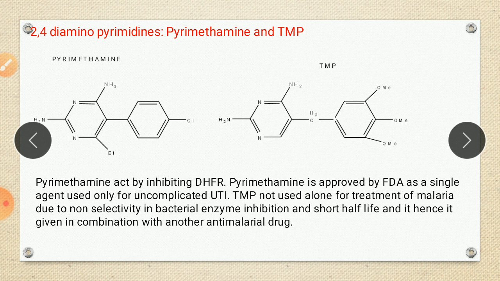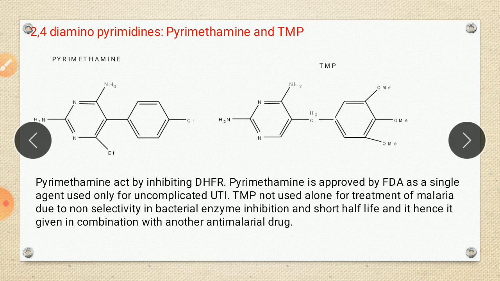Pyrimethamine inhibits malarial dihydrofolate reductase at a concentration lower than needed to inhibit the mammalian enzyme. Due to structural similarity with part of the dihydrofolate structure, pyrimethamine competes and tries to block the action of dihydrofolate reductase.